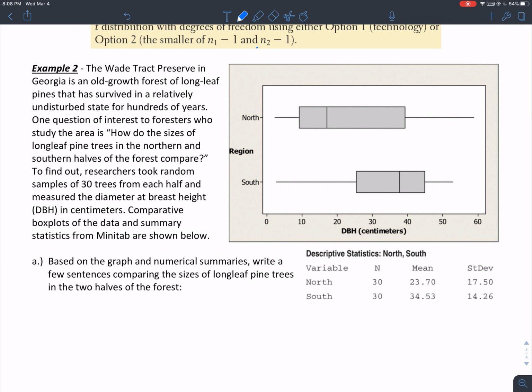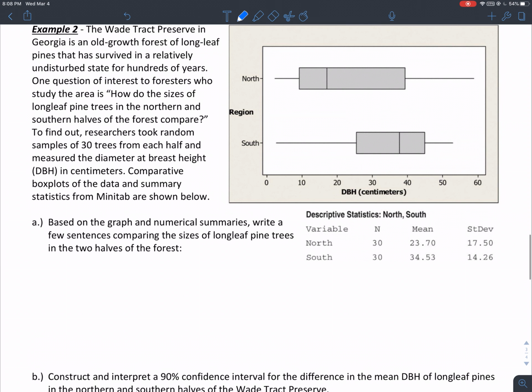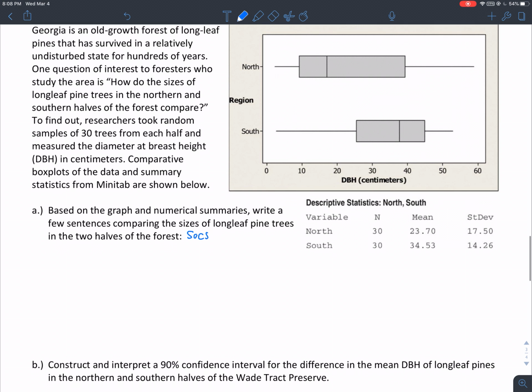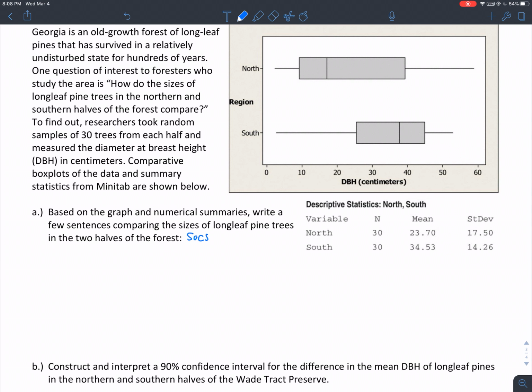All right, so this is review from chapter 1, actually. We learned to make box plots in chapter 1. We learned to compare distributions in chapter 1. And so I think this is a SOCS question, okay? Way back when, SOCS was shape, outlier, center, spread.